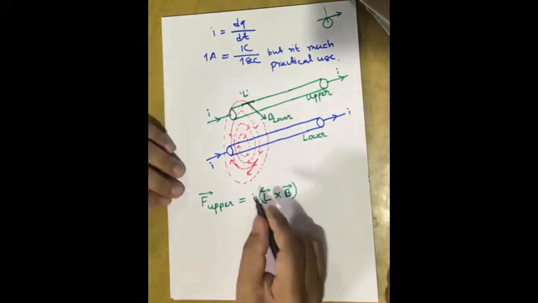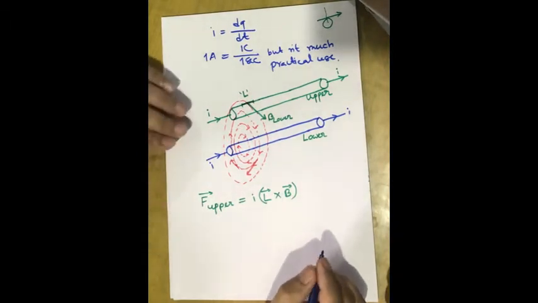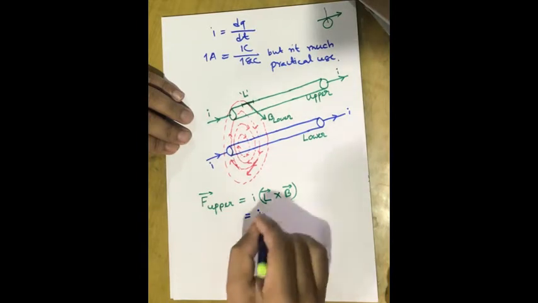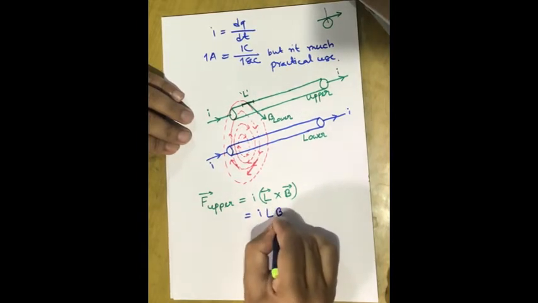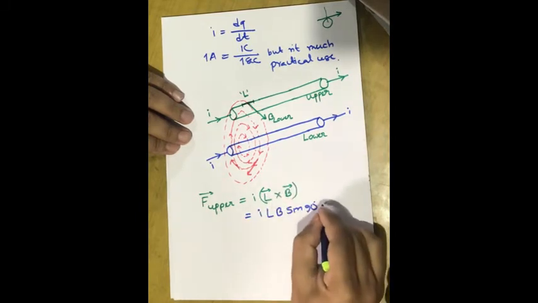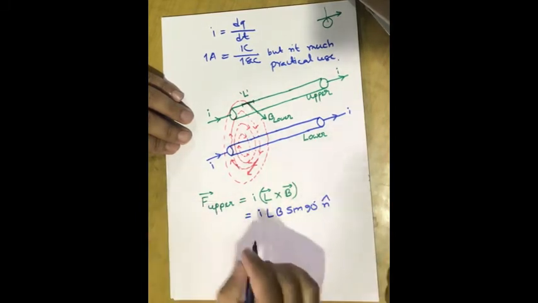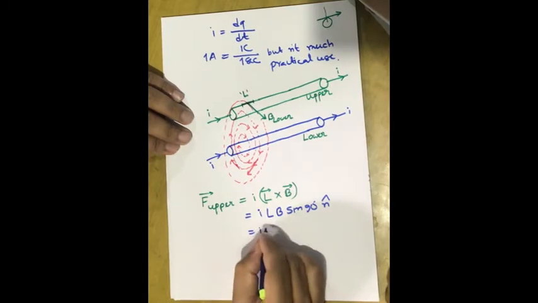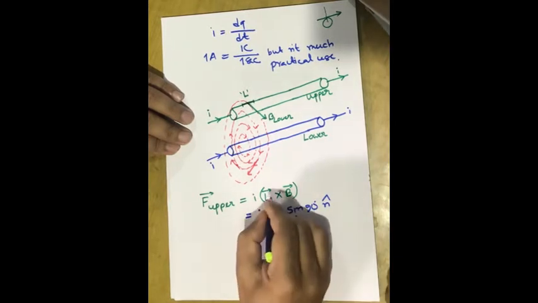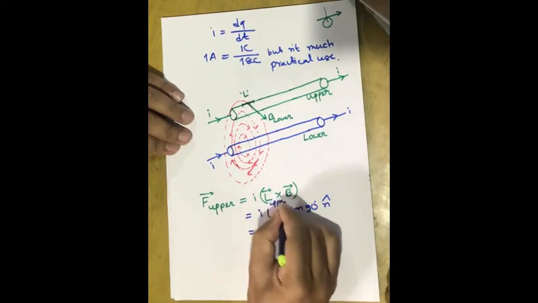Here L and B are perpendicular to each other, therefore this value will be equal to I L B into sine 90 degree, because L and B are perpendicular, into n cap. So I B into L. Here B is equal to B lower, and L is the upper length, since we are considering the upper wire.